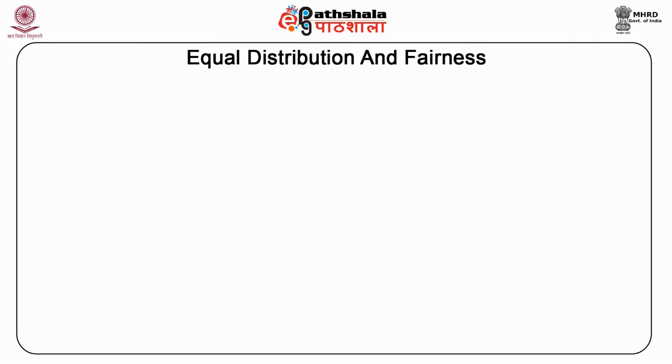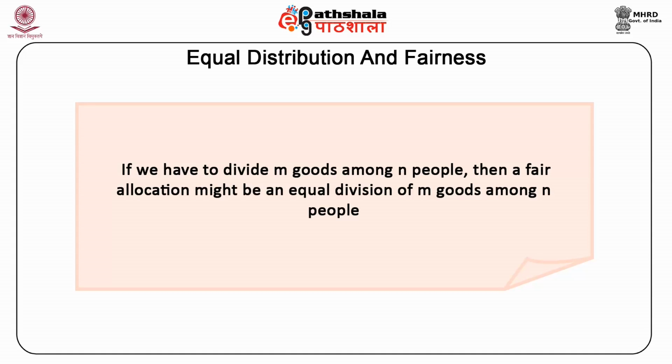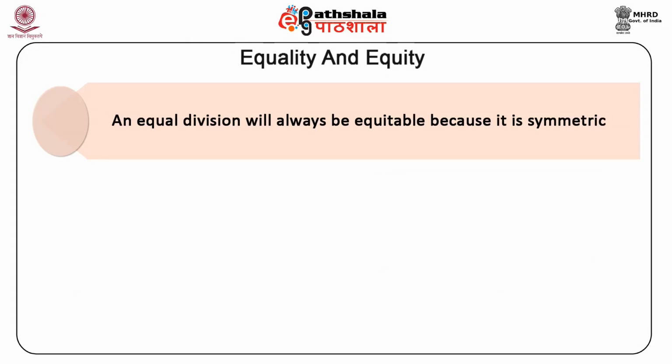Next, we need to understand the meaning of equal distribution and fairness. Our intuition might make us feel that if we have to divide m goods among n people, then a fair allocation might be an equal division of m goods among n people. An equal division will always be equitable because it is symmetric.